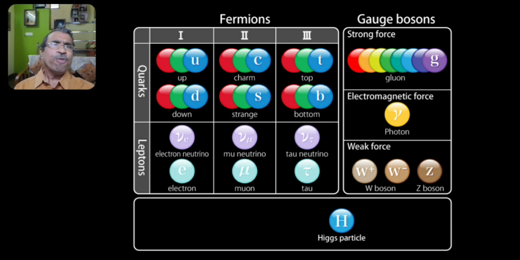The strong force is carried by the gluon, the electromagnetic force is carried by the photon, and the weak force is carried by the bosons. In the bosons we have the W boson and the Z boson.